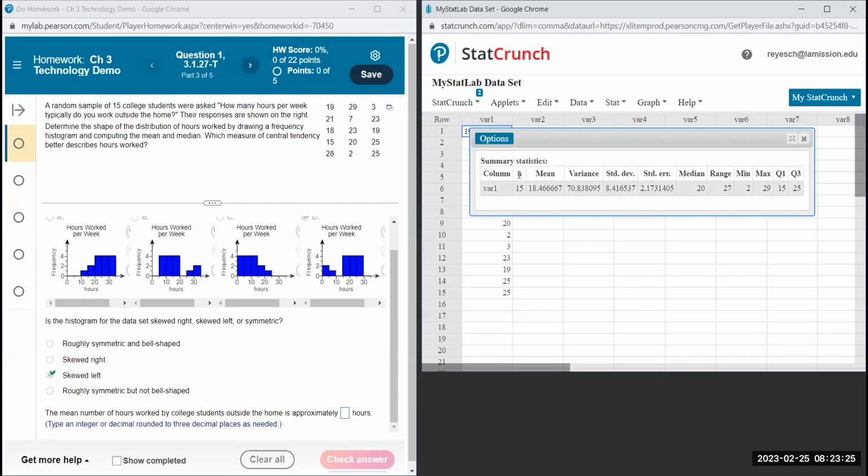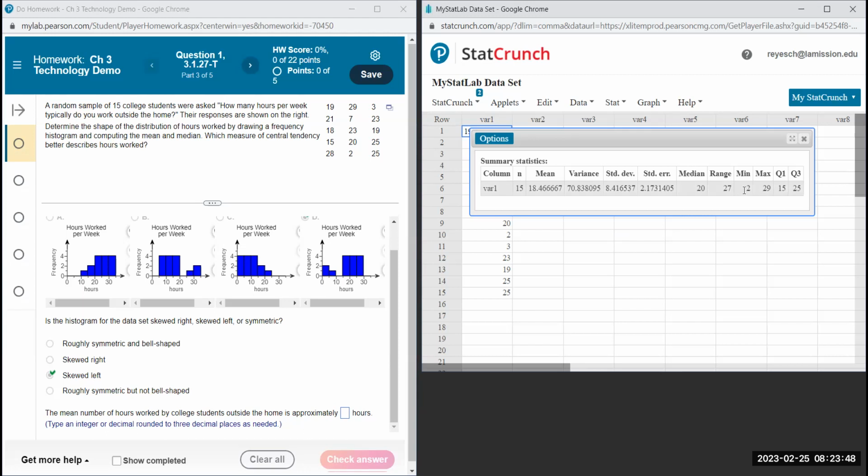So here's n, the sample size, which in this case is 15 individuals that were asked this question. Here's the mean. Sometimes we won't look at it here, but here's the middle. If we were to line these 15 people up and choose the person standing in the middle, that person worked 20 hours per week, whereas the average was 18.